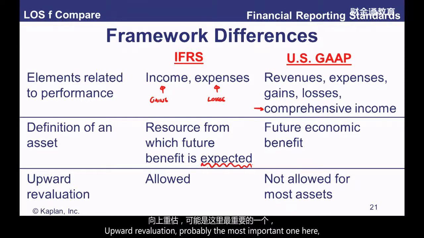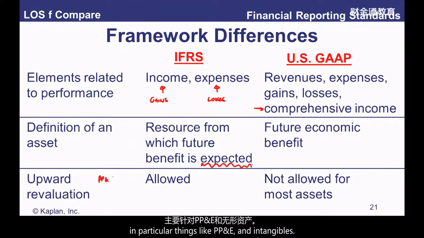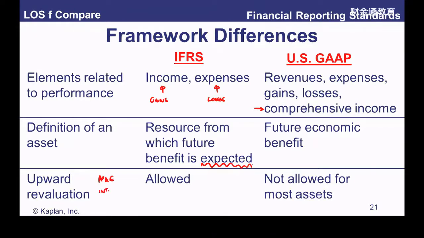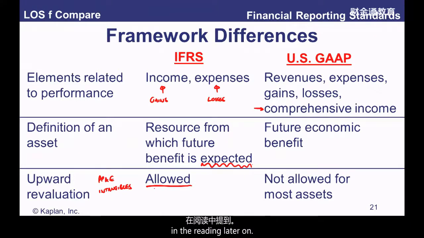Upward revaluation, I think this is probably the most important one here. In particular, things like PP&E and intangibles. Allowed under IFRS. So you've got two choices. You can either use a historic cost convention or you can revalue. And again, we'll talk about that in a reading later on.